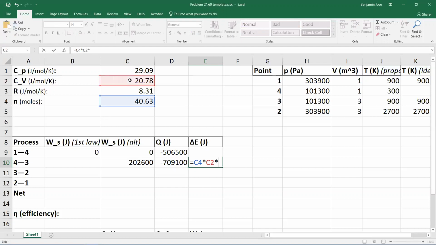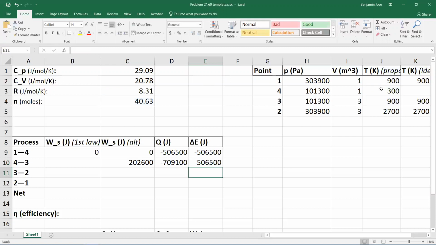So that would be T3 minus T4. Here are the temperatures, T3 minus T4. And I have a feeling that I did something wrong here.